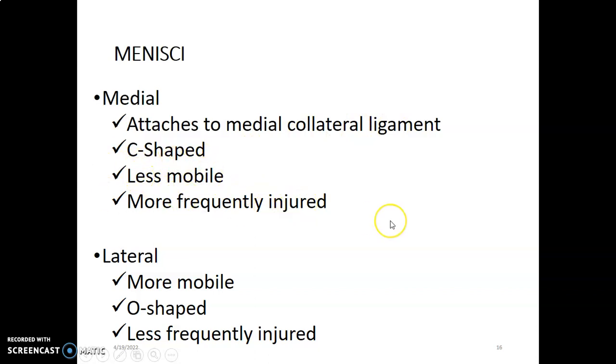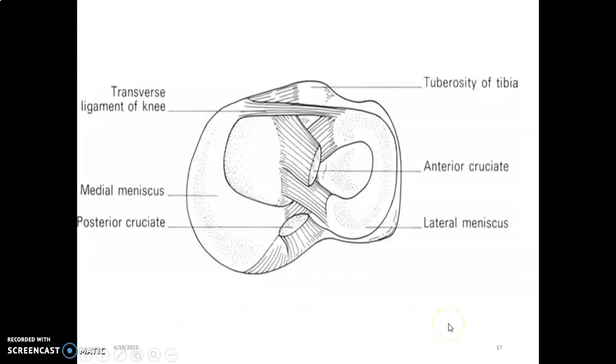The lateral meniscus, on the other hand, is more mobile and less frequently injured, and it's O-shaped. So those are the differences. Medial is C-shaped, lateral is O-shaped. Medial is attached to medial collateral ligament, therefore it's less mobile and more frequently injured. The lateral does not attach onto any ligament, therefore it is more mobile and less frequently injured.